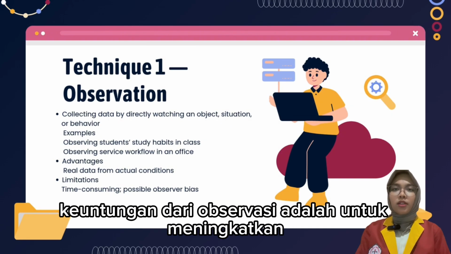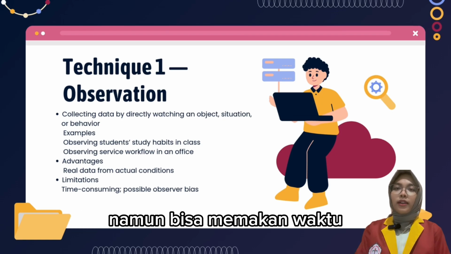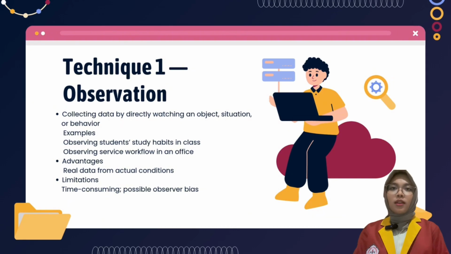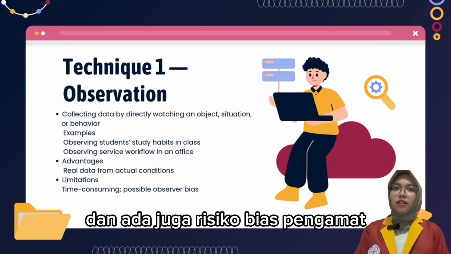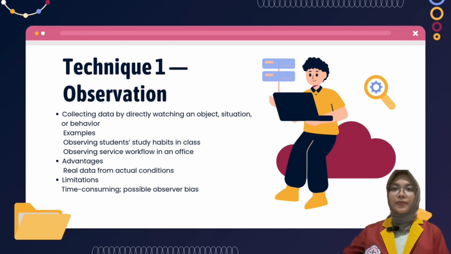The advantage of observation is that it provides real data based on actual conditions. However, it can be time-consuming, and there is also the risk of observer bias if the researcher is not objective.